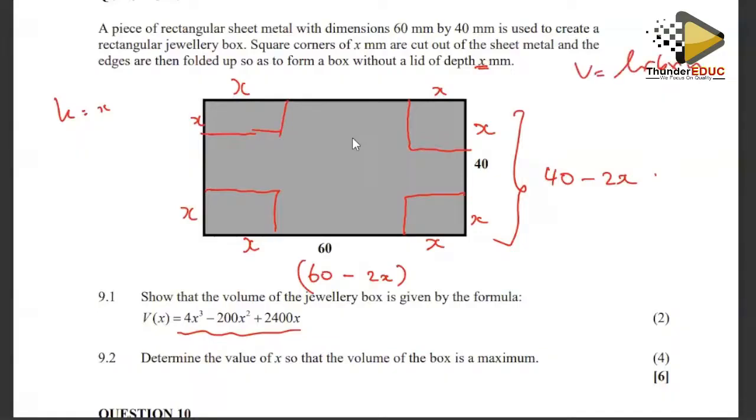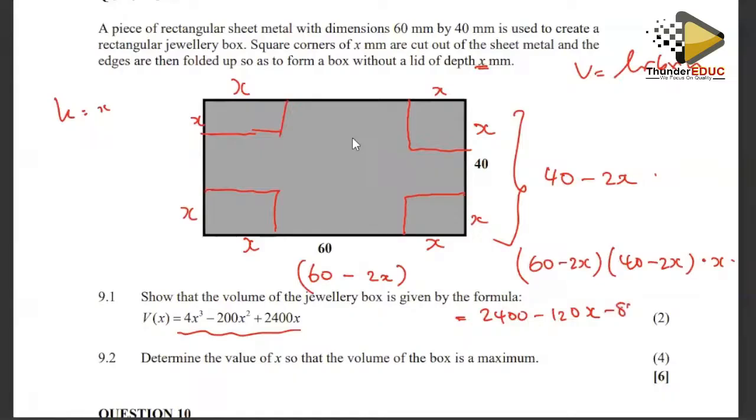So we have 60 minus 2x, you're multiplying it by 40 minus 2x, and then the answer multiplied by x. So 40 and 60 is 2400. This and that is minus 120, it's actually 120x.